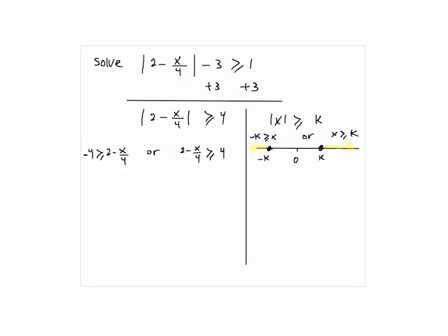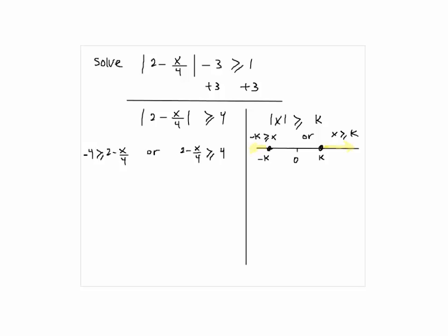Alright, so now we need to solve for x. Can somebody tell me how you solve for x here for this condition? What's the next step? You multiply both sides by the denominator to get rid of it? You could do that. You could multiply each term by 4, right?